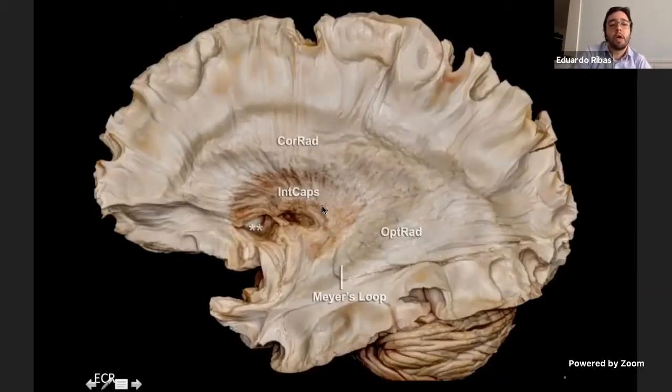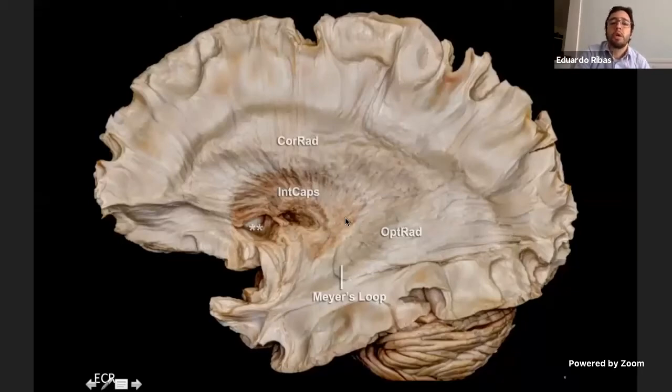Okay, and now this is a more enlarged view of how the internal capsule fibers inside the central core are called internal capsule, but outside the central core the name changes to corona radiata. So these are all projection fibers, but outside the central core it's called corona radiata. And beautifully here we see the Meyer's loop. These are geniculocalcarine fibers. They are coming from the lateral geniculate body to the calcarine fissure.